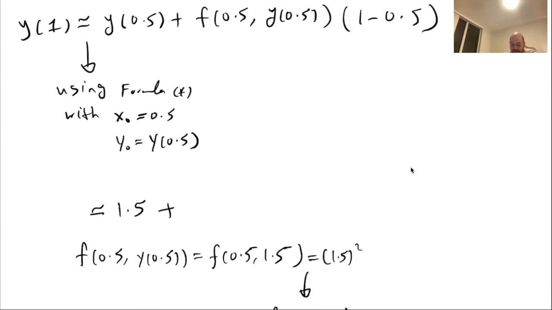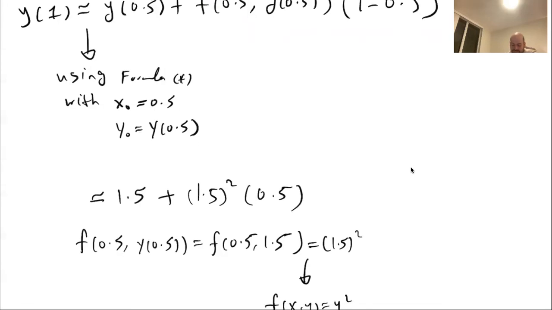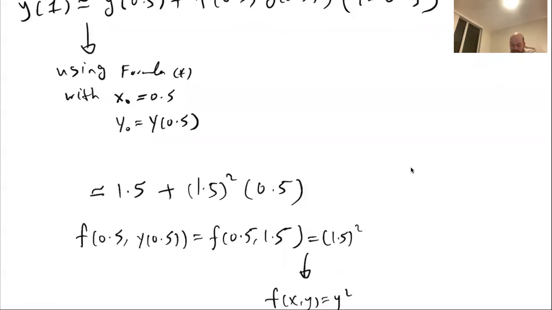So 1.5 plus 1.5 squared times 0.5. And then this is 1.5 times 1 plus 0.5 times 1.5.